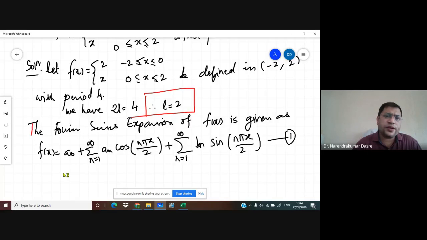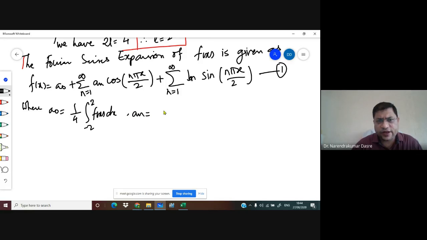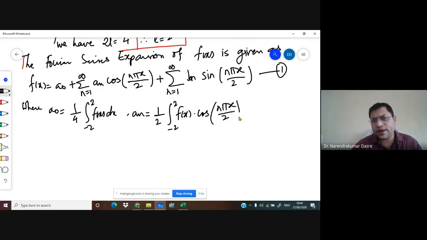Now we have to write the formula for a0, an, and bn. So a0 is equal to 1 by 4 integral minus 2 to 2 f of x dx. Then an is equal to 1 by 2 integral minus 2 to 2 f of x cos of n pi x by 2 dx.